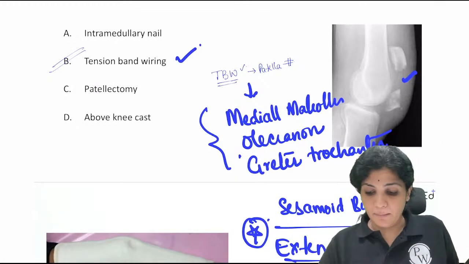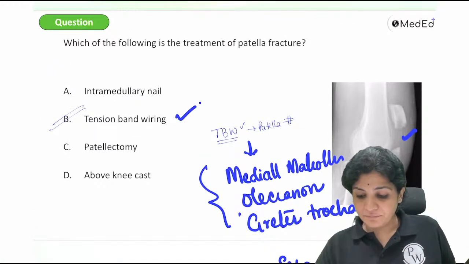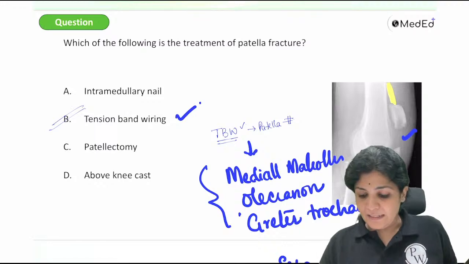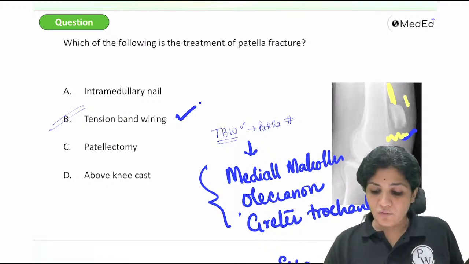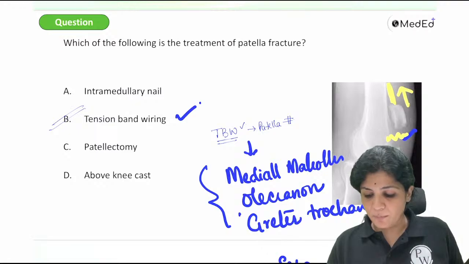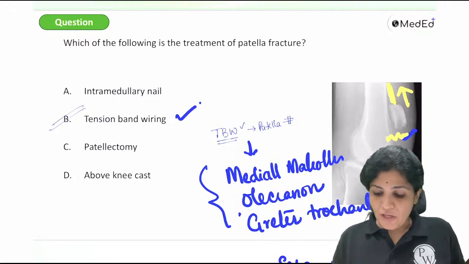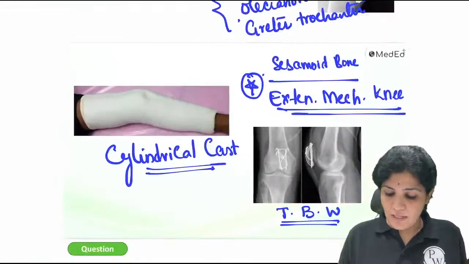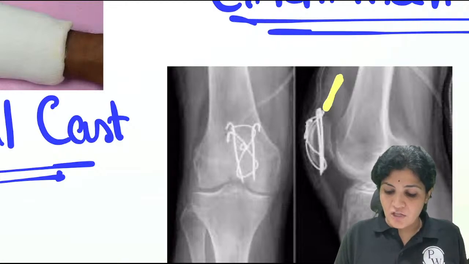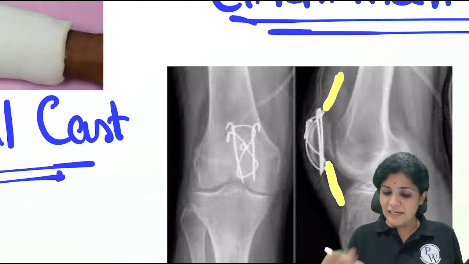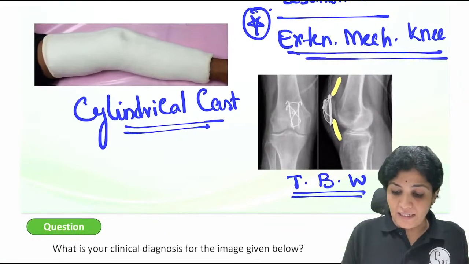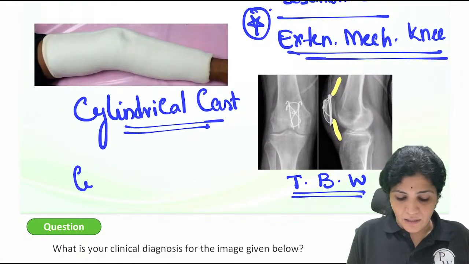Because if you remember, this is the tendon here, quadriceps tendon, and this is the patella tendon here. What happens is whenever there is a fracture here, this tendon will pull this fragment upwards, this tendon will pull this fragment downwards. So now what we do? We do this tension band wiring so that everything is into one structure. So we are compressing the fracture. So what actually is the principle of tension band wiring?